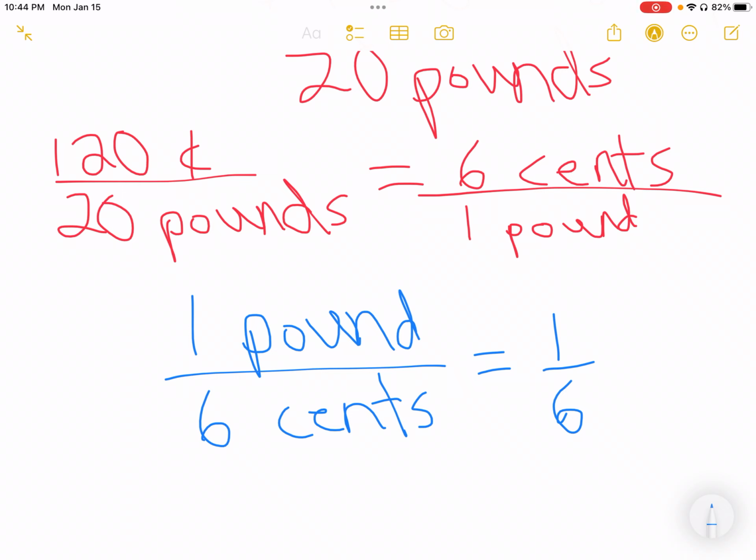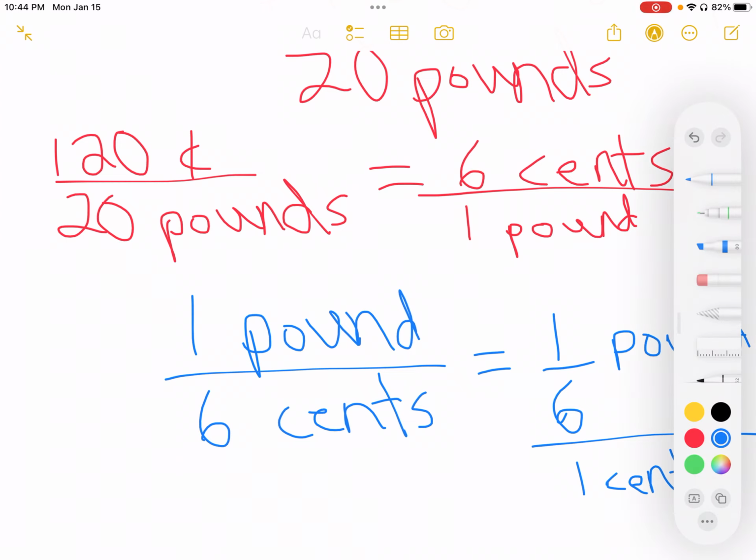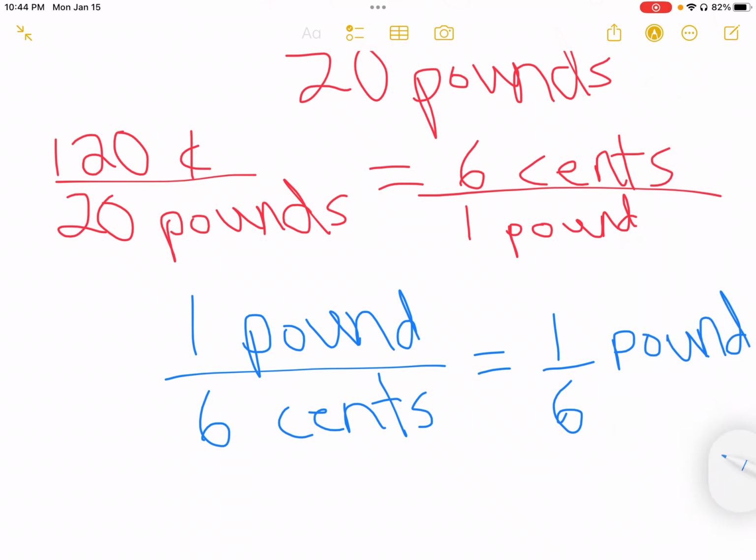If I said 1/6, I could say 1/6 a pound, like that, and then I could say per 1 cent. Usually I wouldn't write this part on the bottom here. I would write it more like this and say 1/6 pound instead of writing down the bottom. And I would write per cent.